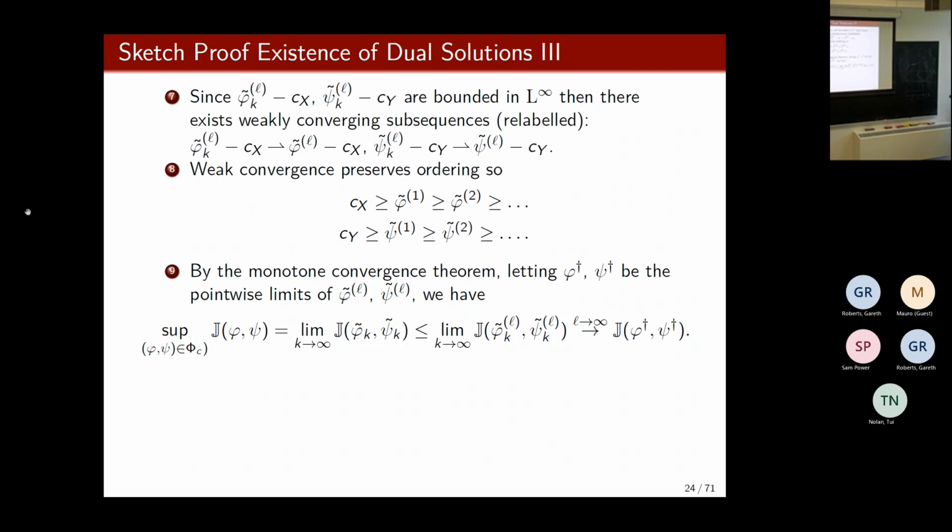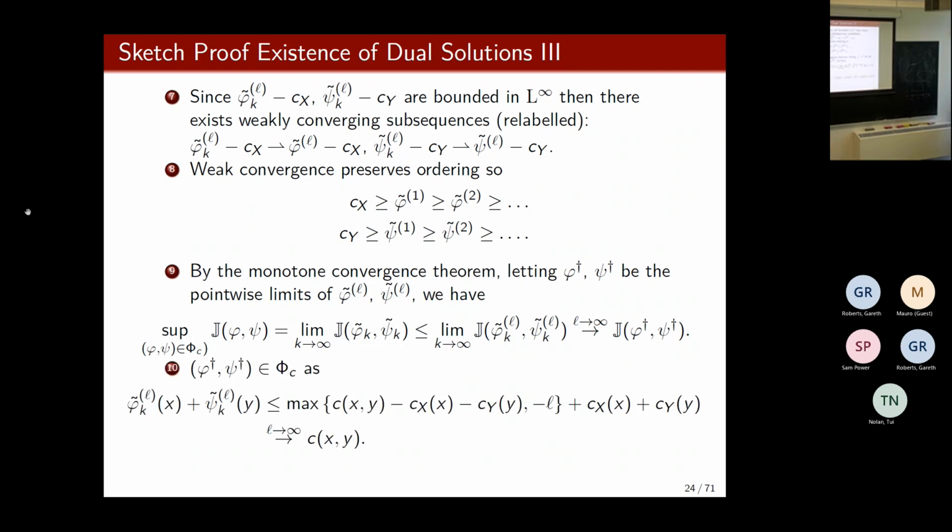So at this point I'm almost done, because I now have this candidate maximizer. I just need to check that psi dagger and phi dagger are an admissible pair. And that is true. You can check that for any L, the sum is going to be less than or equal to the maximum of C of x y minus C of x minus C of y, with minus L, plus C of x plus C of y.